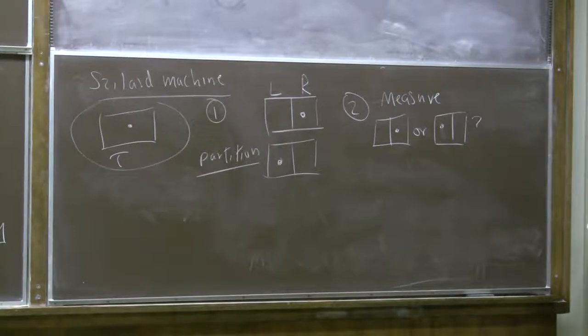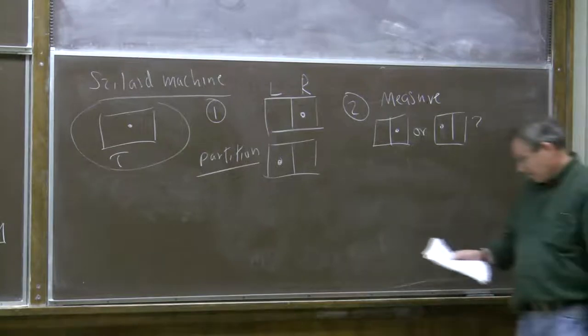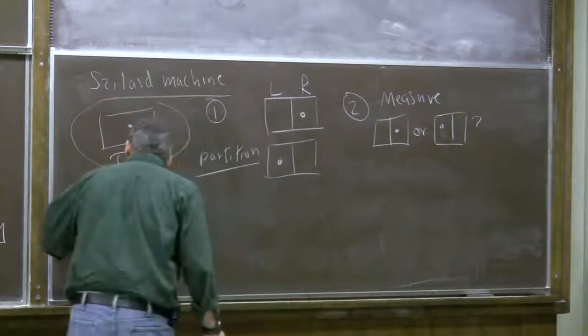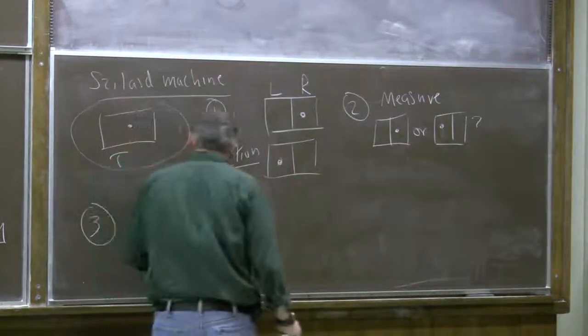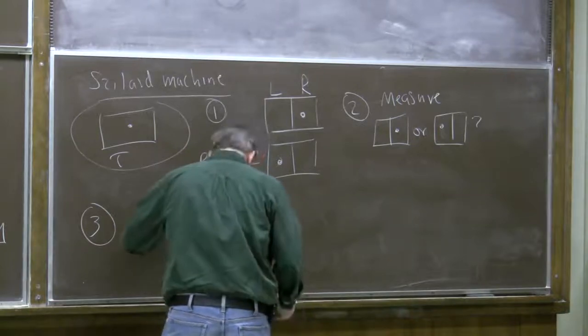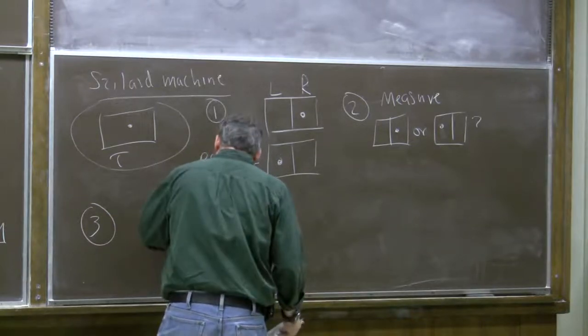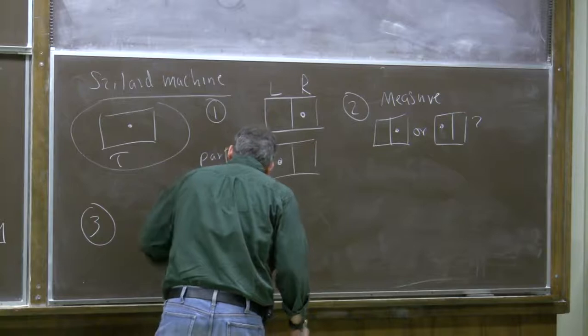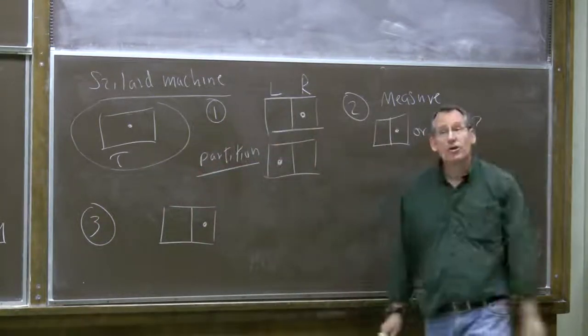So now we know. Let's say we found out that it's on the right side. So then what I'll do is I will allow the partition to move. I've got a molecule that's on the right side, it's bouncing around off the walls.